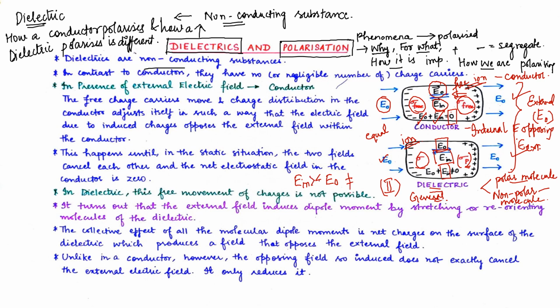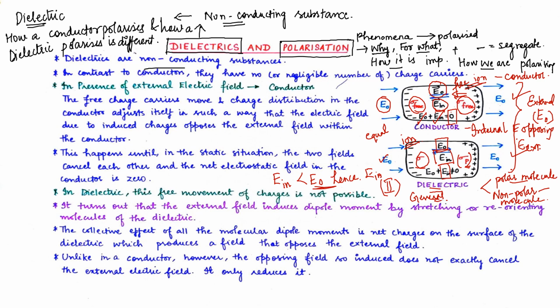Mostly it cannot be greater, because this is an induced field, and anything which is induced will never be greater than the original one. So we eradicate the idea that this internal field can be greater. The only possibility is that the inside field, which is an induced field, is smaller than the external field provided.